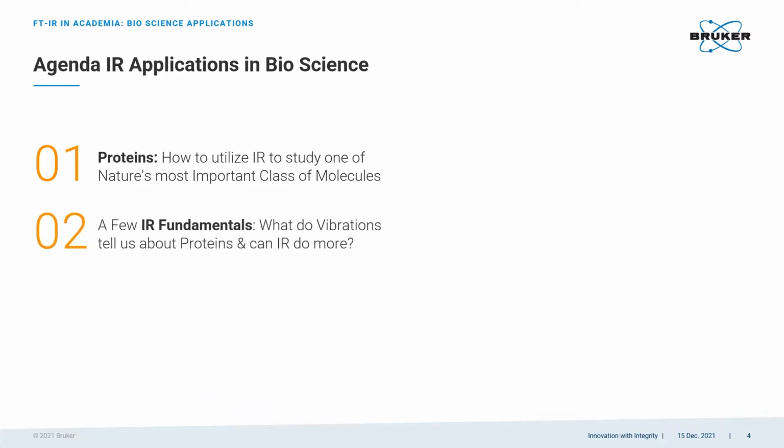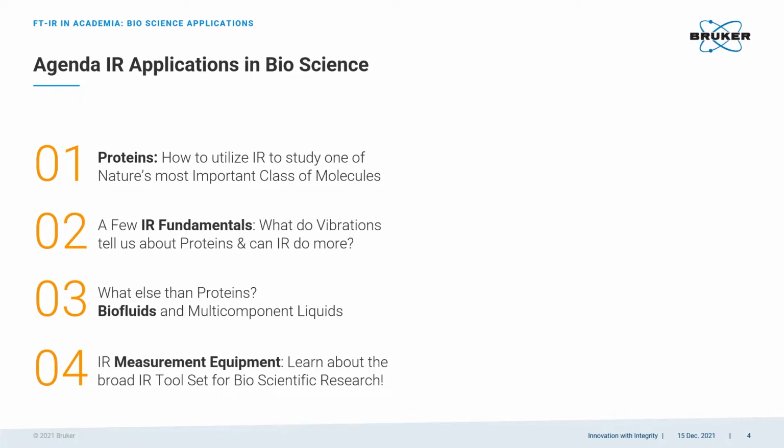Then we will follow up with a few IR fundamentals. How is IR working in general and how is it applied on proteins to study them? Just to follow up with other biomolecules that can be studied by IR and also much more complex materials such as biofluids and multi-component liquids.